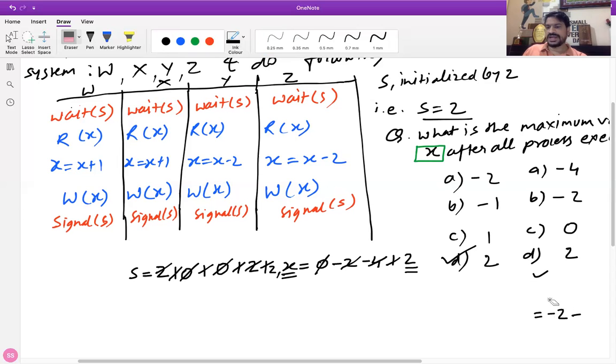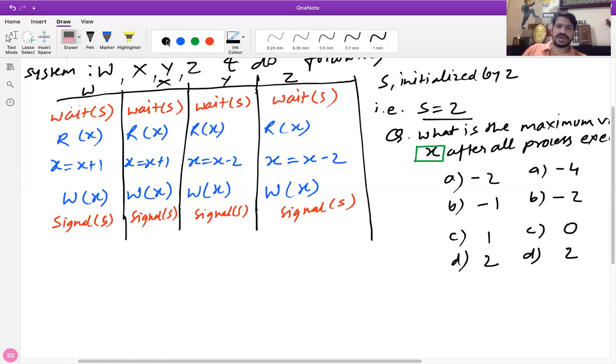Now, the second time, we want the minimum value of X. So let's assume that we initialize X as 0. What will we do so that we get the minimum value?